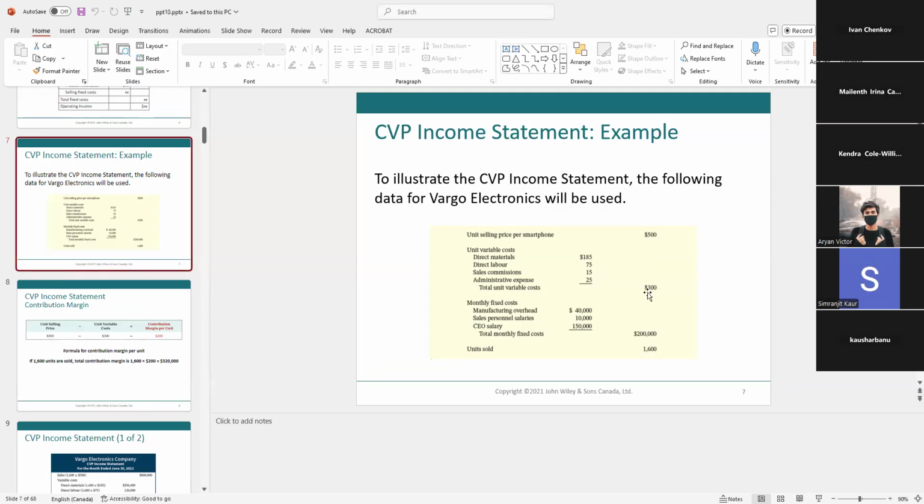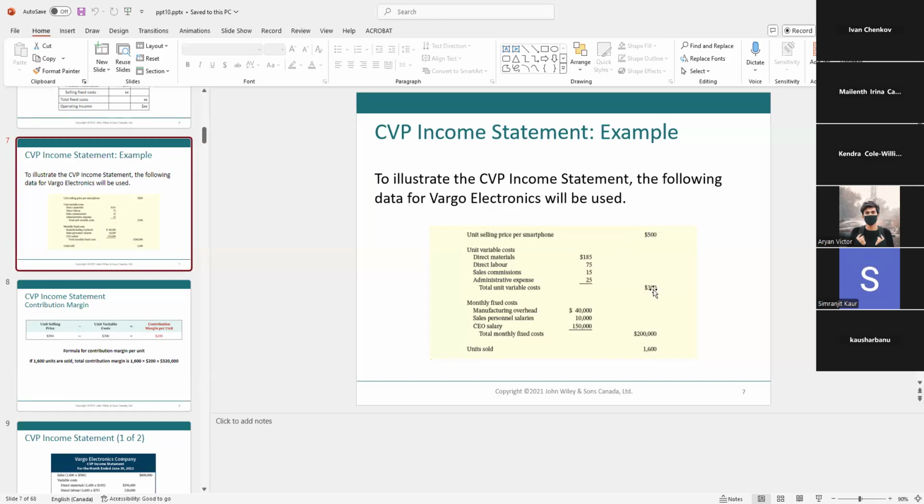Variable cost for that particular unit will be $300. Fixed cost, as you can see, is $200,000. Now, the number of units that we're selling is 1,600.